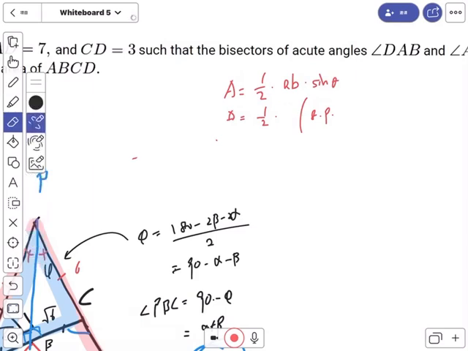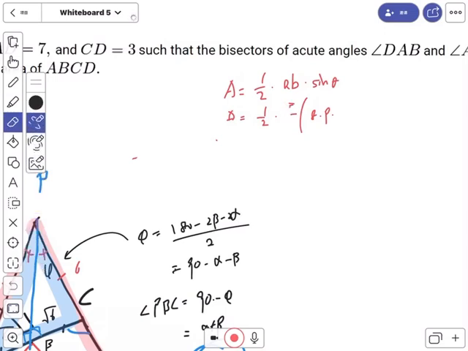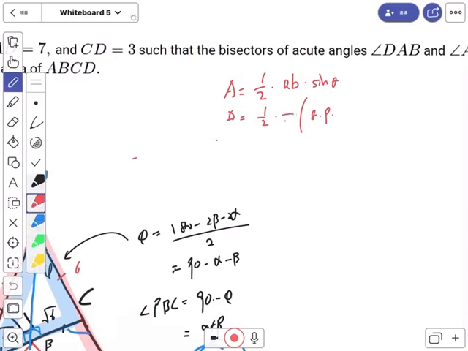Wait, so cosine is 2/3, so sine is going to be the square root of 5 over 3. 8 times 9 minus 6 squared.